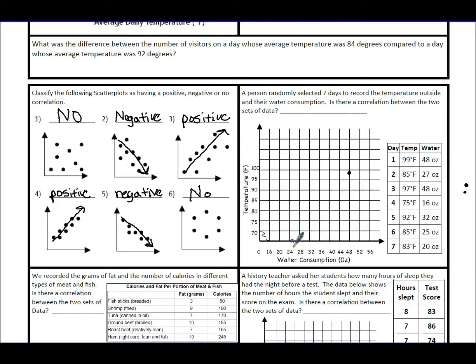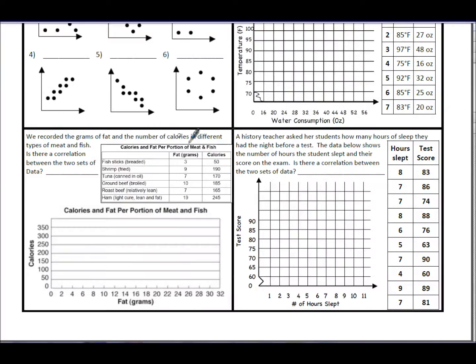It doesn't have to be exact, but you need to get it as close as possible. 27 ounces with 85, 48 ounces with 97, 16 ounces with 75, 32 ounces for 92, 25 ounces for 85, and 20 ounces we have 83 degrees Fahrenheit. So we see that it's going up, and that would have a positive correlation. It seems as though the water consumption increases when the temperature increases.